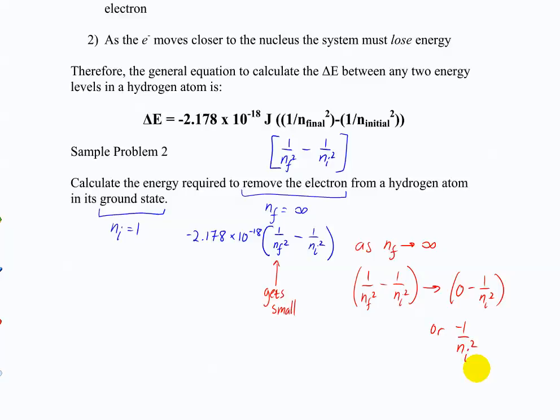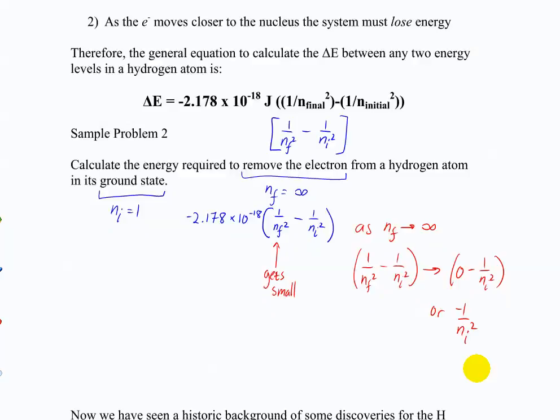All right. So that means that this equation becomes negative 2.1, nothing changes with this number, times 1 over Ni squared.